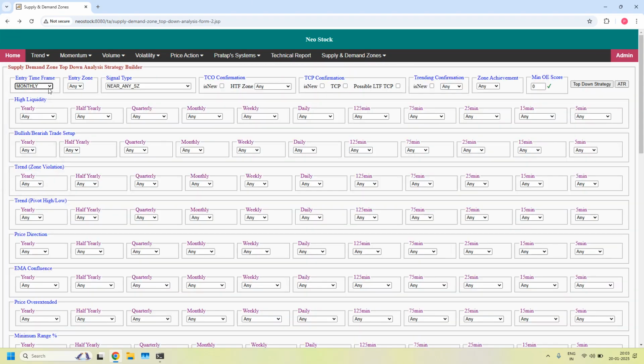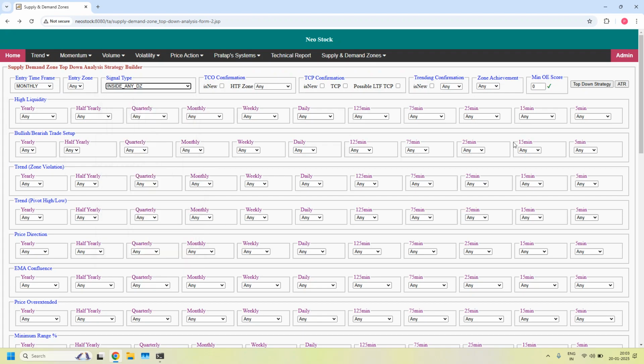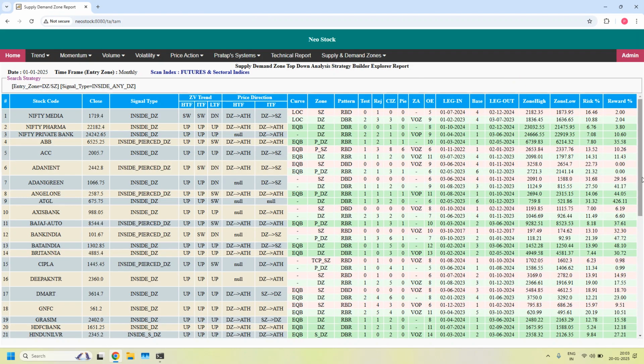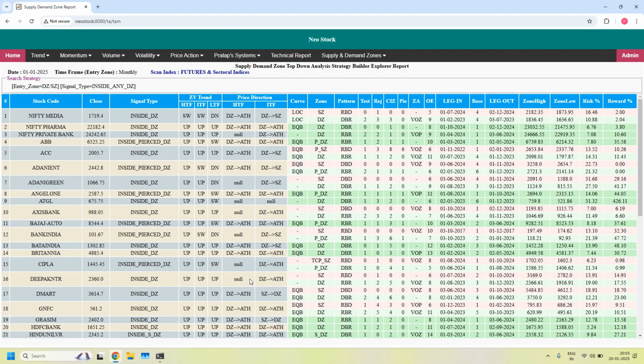Next, monthly time frame. Price closed inside the monthly demand zone. We got 43 stocks. And the first 21 stocks you are seeing in this report.